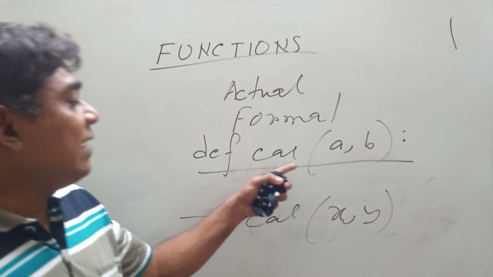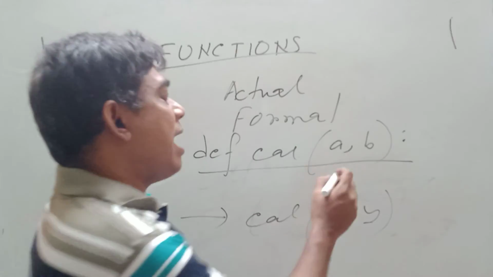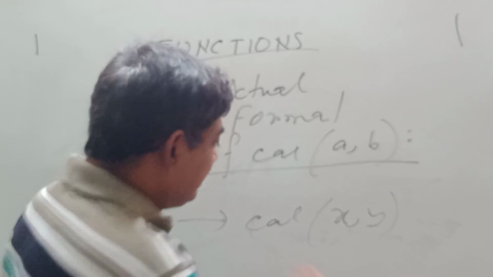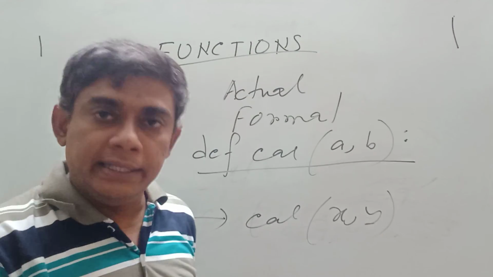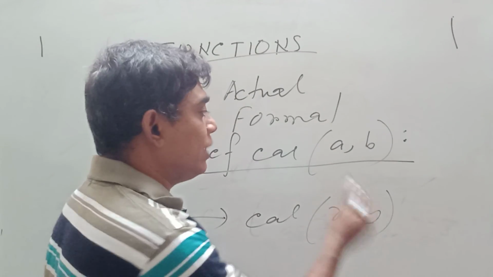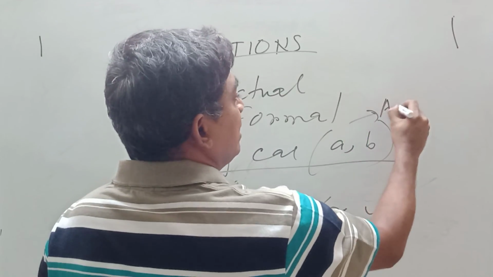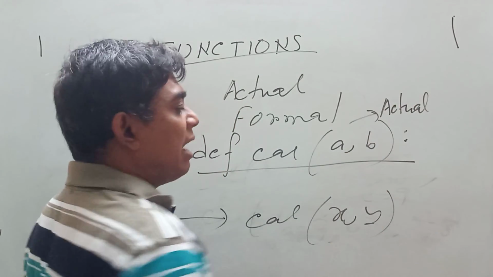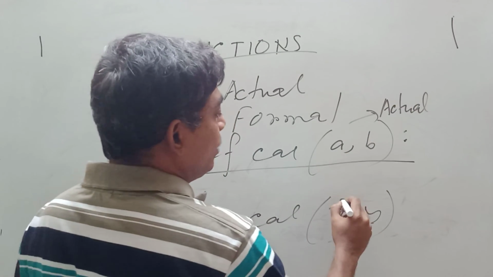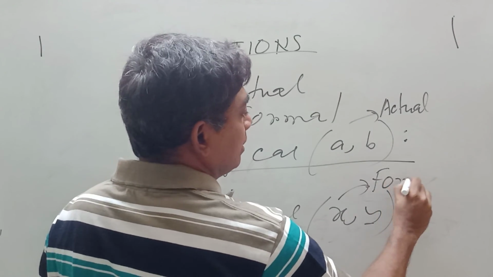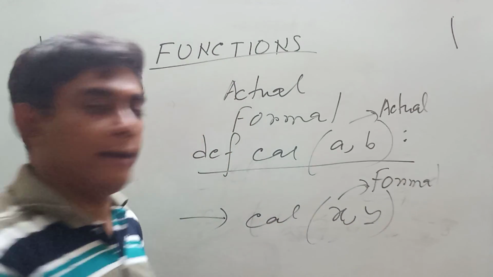So in the function header there are 2 arguments A and B, and at the time of calling the function there are also two arguments x and y. Now a, b are known as actual parameter and x and y are known as formal parameter.